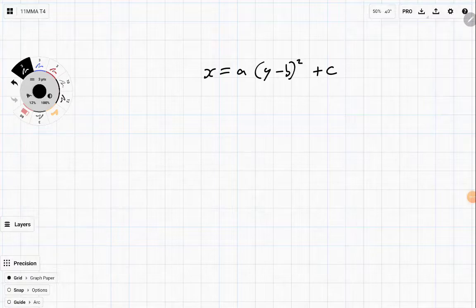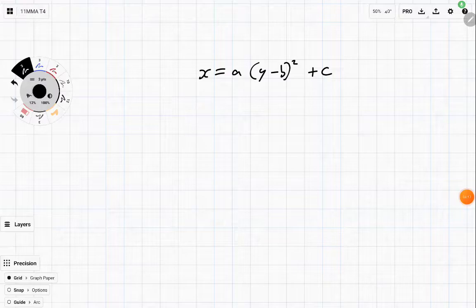Now, the weird part here is that since these are kind of reversed, it's also going to reverse what happens. Since it's an x equals instead of a y equals, it's actually going to reverse these two. And this means that the turning point is going to be (b, c).